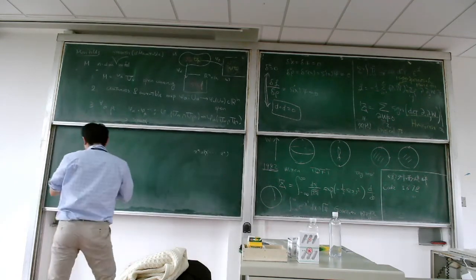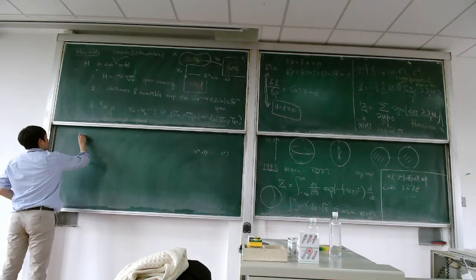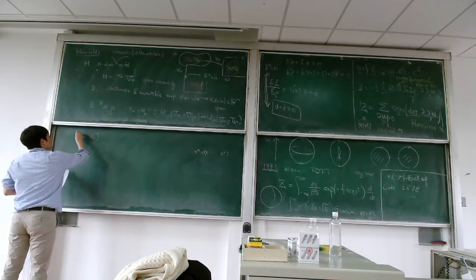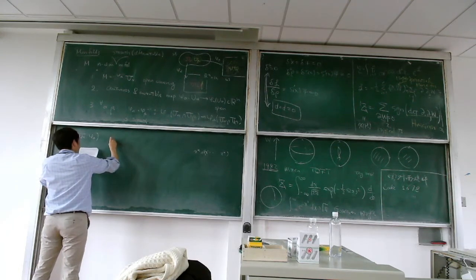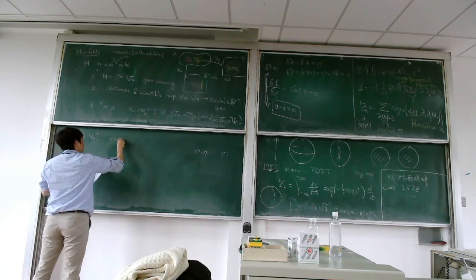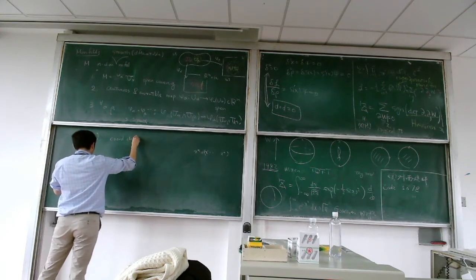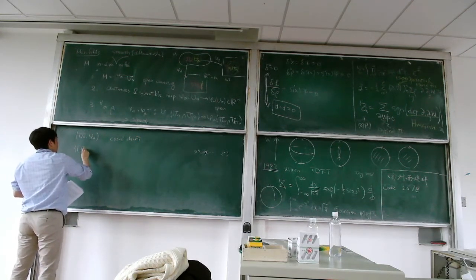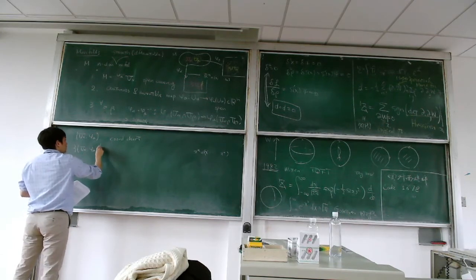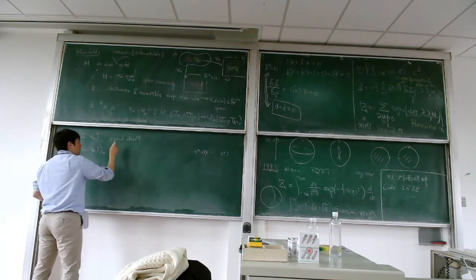So therefore, U alpha and phi alpha give a local chart, a local coordinate chart. And then the collection of U alpha and phi alpha, the collection over alpha, is called an atlas.